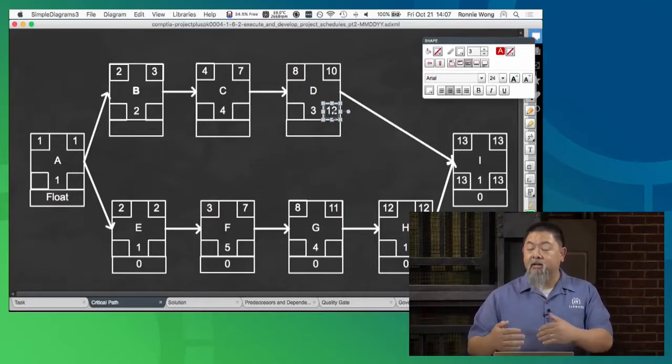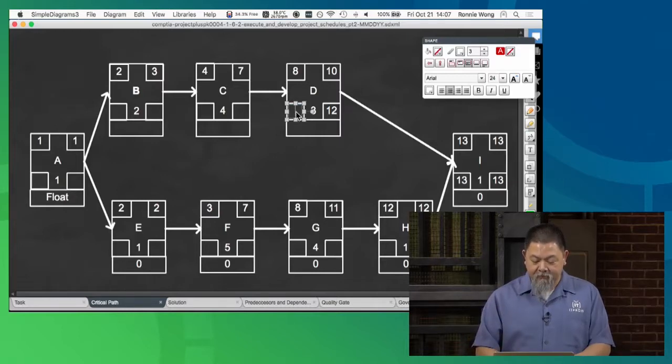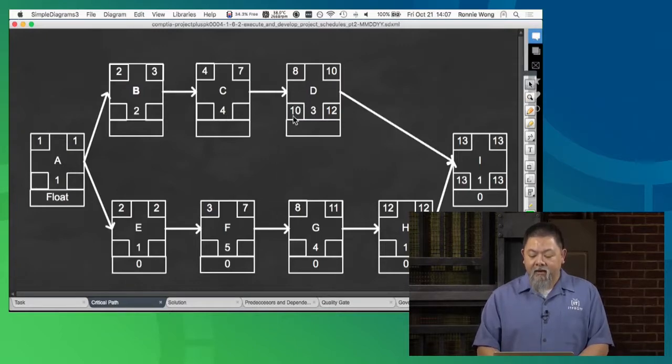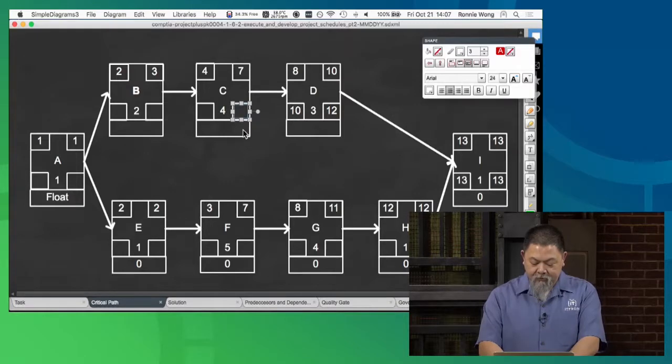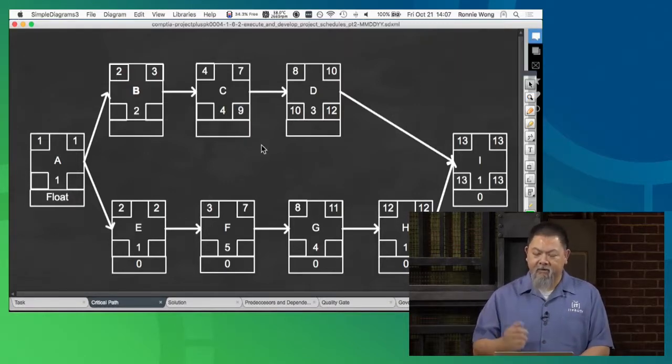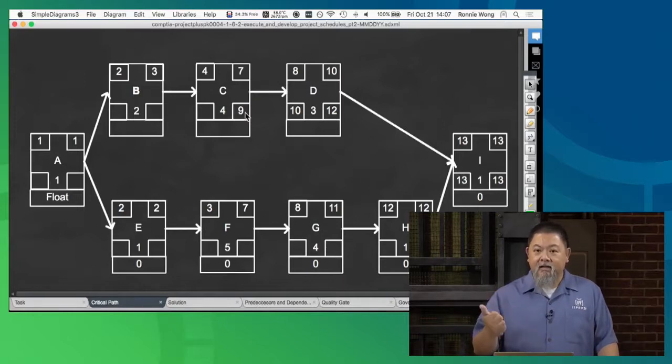So for me to determine the early finish, right, day 12, 11, 10. So this should be day 10, okay? Then that means that the earliest that this one can finish should be 9, if I'm right, okay? So 9, 8, 7, 6, I think.